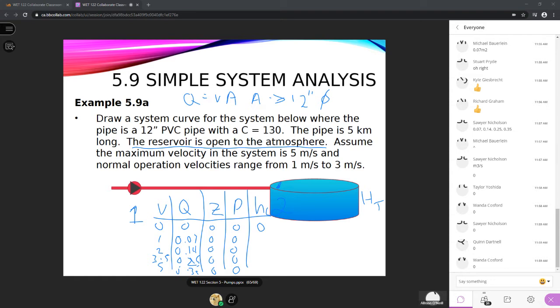So now, for our next point, we are going to have to use the Hazen-Williams nomograph, a flow rate of 0.07, a diameter of 12, a C equals 130, to figure out a slope. And once you have that slope, you times it by the length of the pipe in order to figure out what the head losses are.